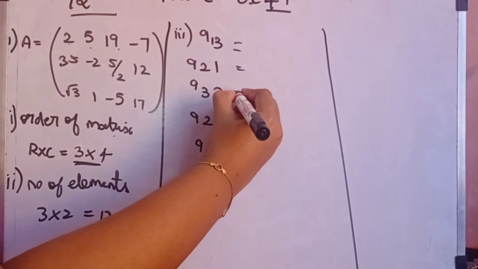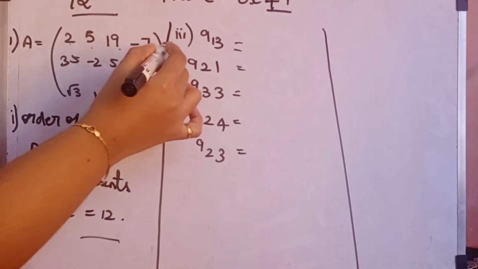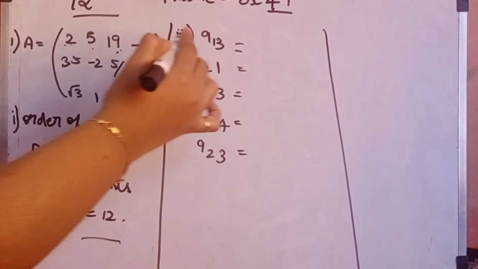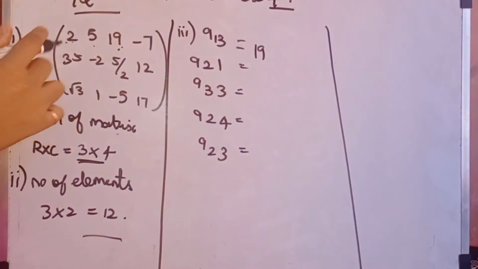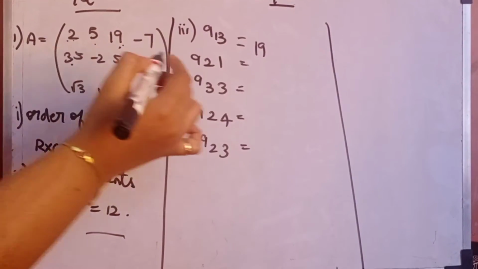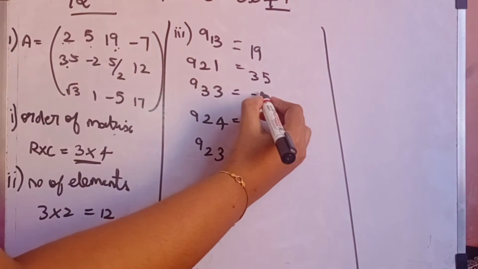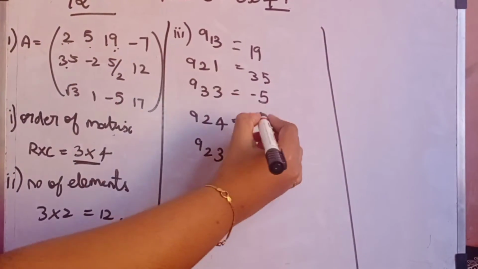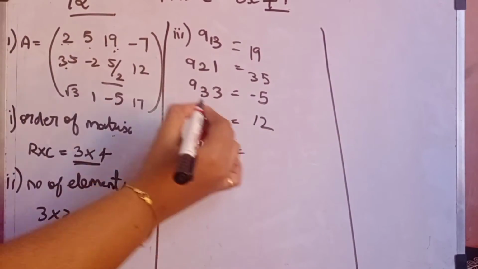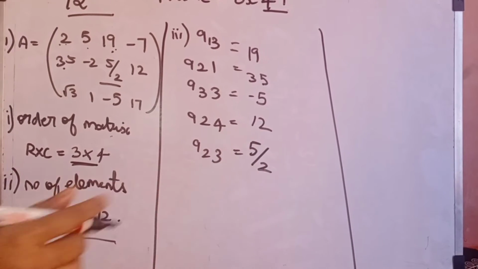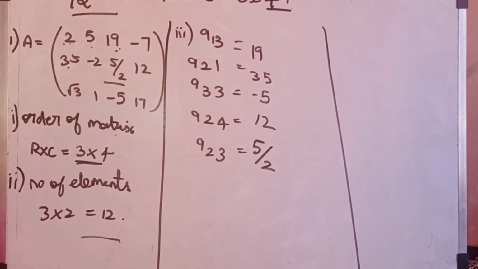So what will be a13? 19 will be the answer for this. a21 means 35 will be the answer. a33 means minus 5. a24 means 12 and a23 means 5 by 2. Okay. This is our first sum.